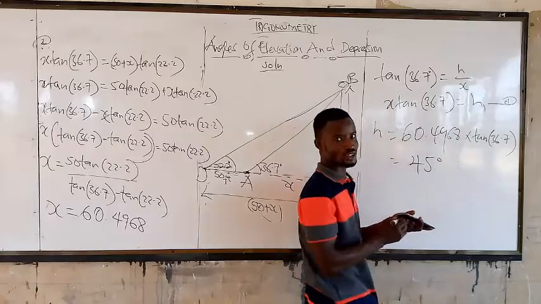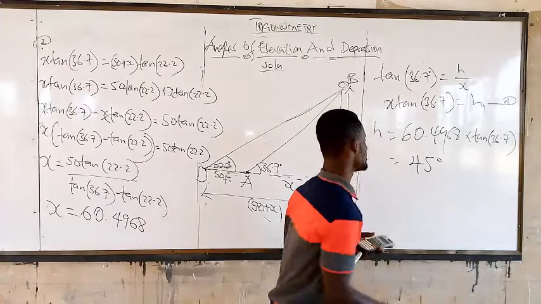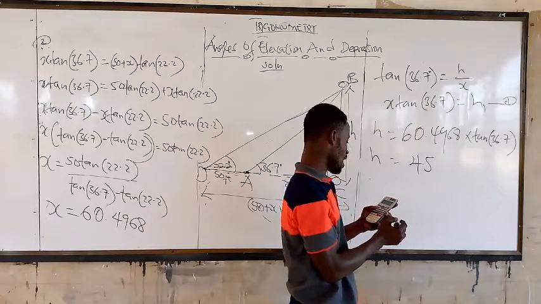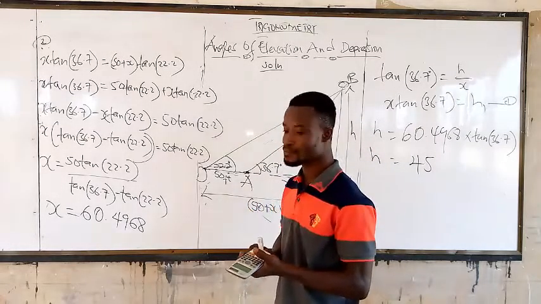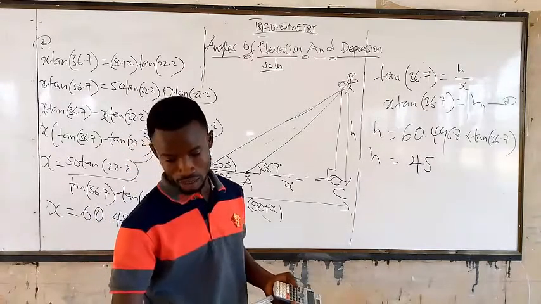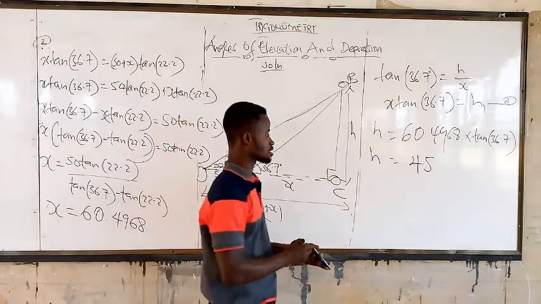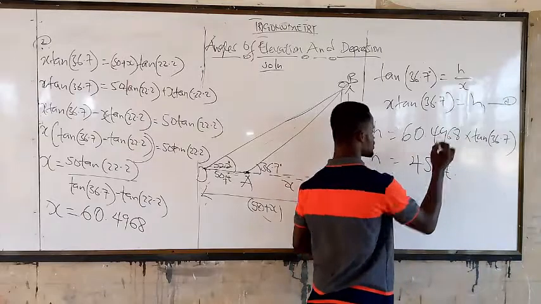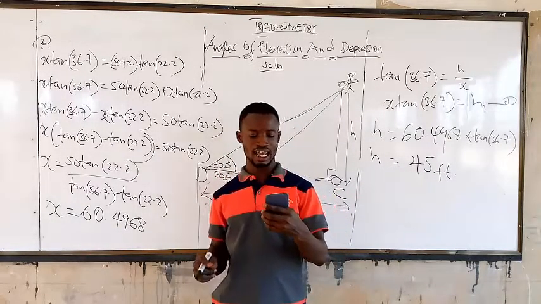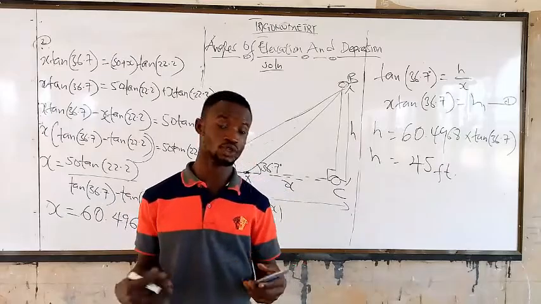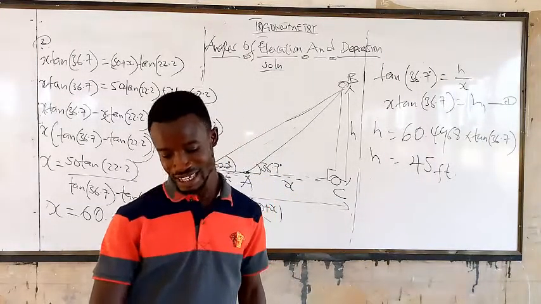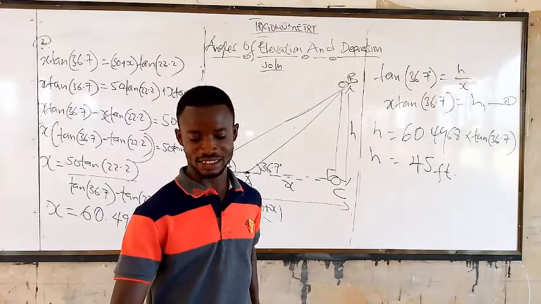Sorry, it's not degrees because it's a height. So we get H to be equal to 45, and in the question it was given in feet, so 45 feet. Alright, this should be approximate, and you can see that we have 45.09, so we leave it as 45 feet. Alright, so that is how we find the height for that.